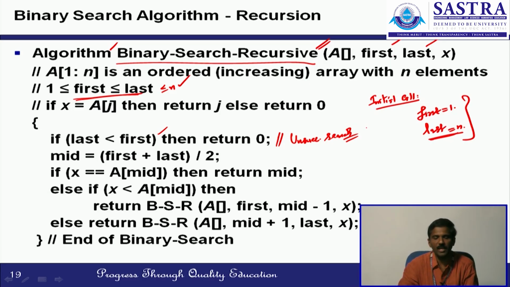As usual, as we did in the iterative binary search, find a value of mid. Mid is equal to lower bound value of first plus last division 2. Check if x is equal to a of mid, then return a value mid. This results in a successful search.